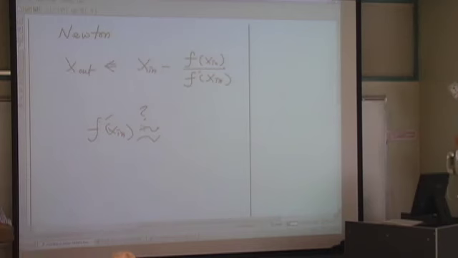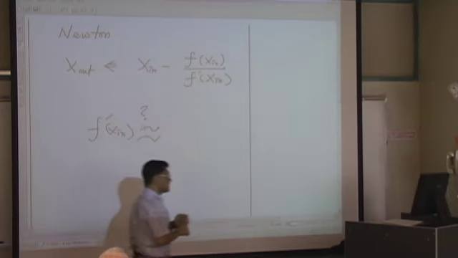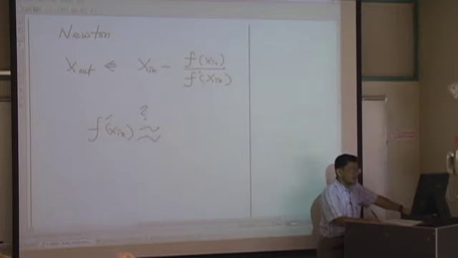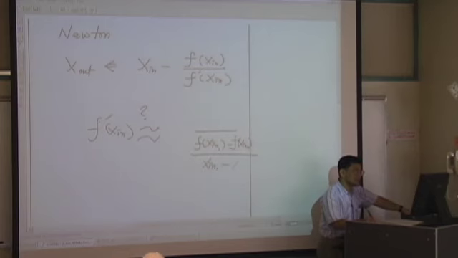So this is the idea. That's the key idea. We now replace everything by the approximation. So suddenly instead of x in, we now have x in sub 1 minus x in sub 2, over x in sub 1 minus x in sub 2, right?